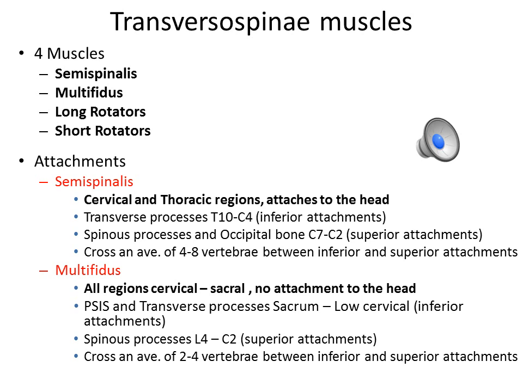The inferior attachment of multifidus is the posterior superior iliac spine of the pelvis and the transverse processes of the sacrum, whereas the superior attachments are the spinous processes of L4 through C2. The multifidus muscle crosses an average of 2 to 4 vertebrae between the inferior and the superior attachments.